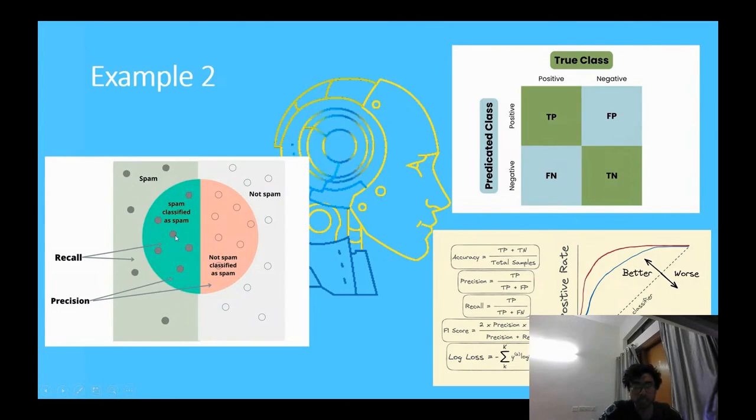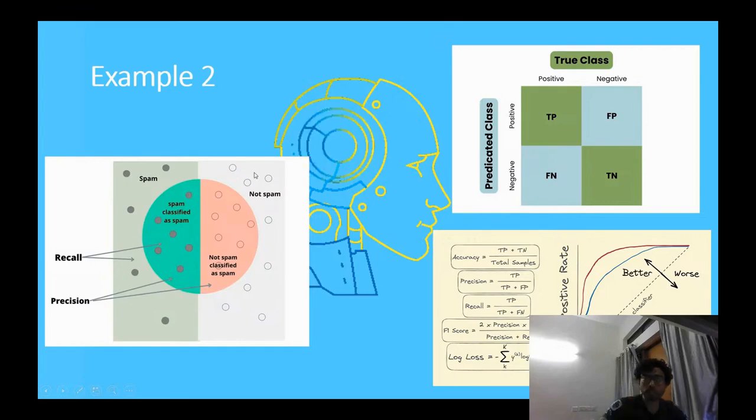Okay, so the green region is the true positives, the red region is the false positives, this region is the false negatives, and this region is the true negatives, right?